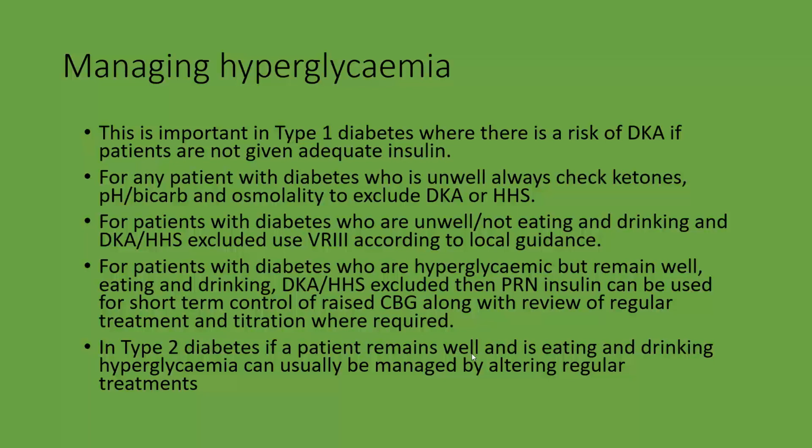For patients with diabetes who are hyperglycemic but remain well, eating and drinking, DKA and HHS excluded, then you can use PRN short-acting, ultra-short-acting or rapid-acting insulins. I will briefly tell you how to do it.